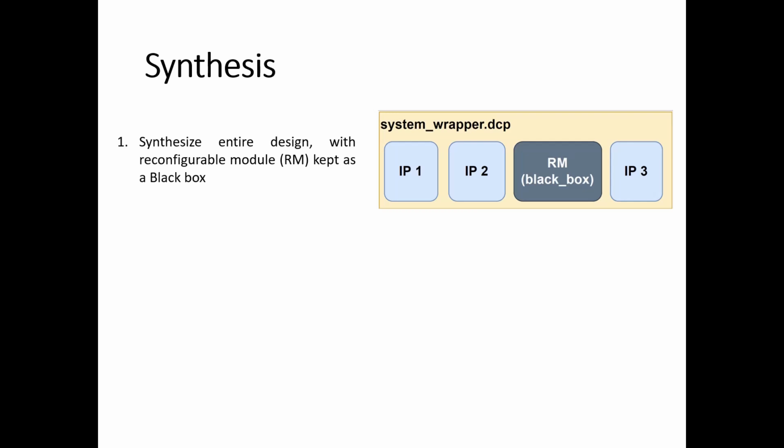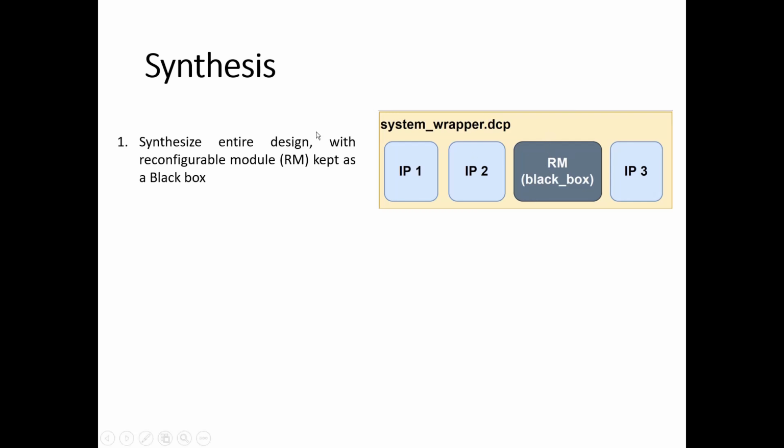Now, for the synthesis, we assume that all the design files are ready and working. So we first synthesize the entire design with a reconfigurable module kept as a black box. So suppose we have multiple modules in our design, and one of the modules we want to use as a reconfigurable module.